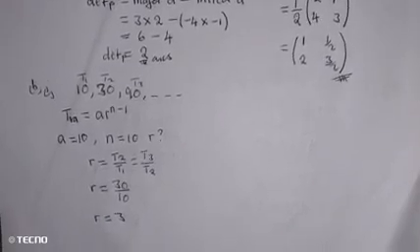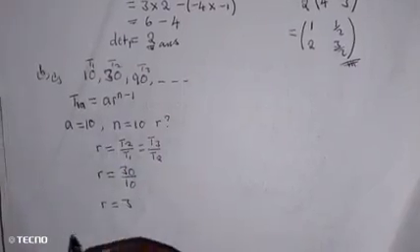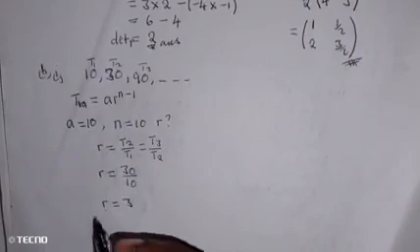So here our common ratio is 3. Having our common ratio 3, we can replace in the formula where we have been asked to find the 10th term.